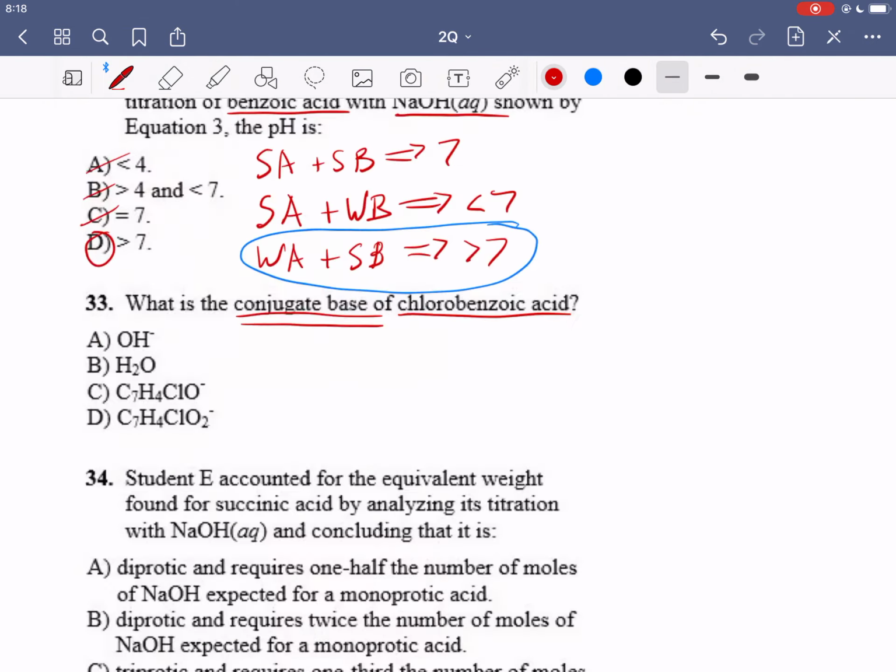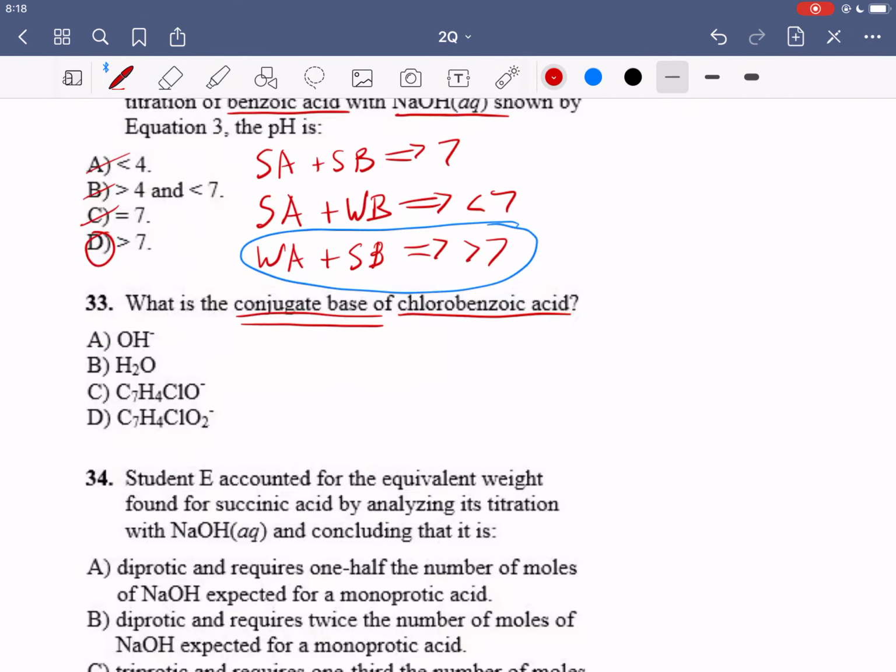Option D is good. It's going to be the conjugate base. Let's just say it reacts with, I don't know, NaOH. Just as a quick reminder of what a conjugate base is, NaCl plus H2O. A conjugate base is just like the matched pair.